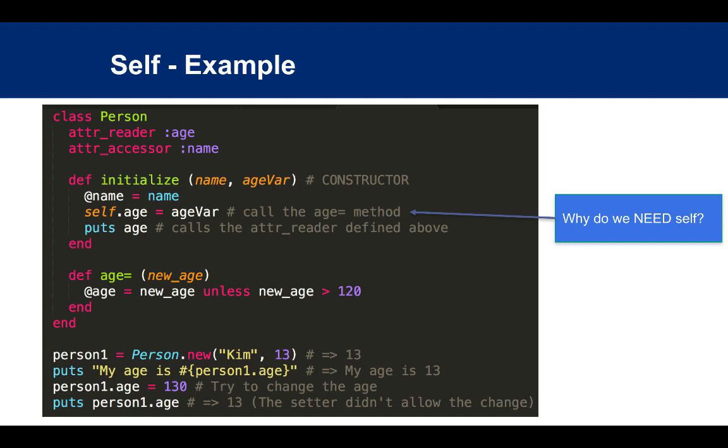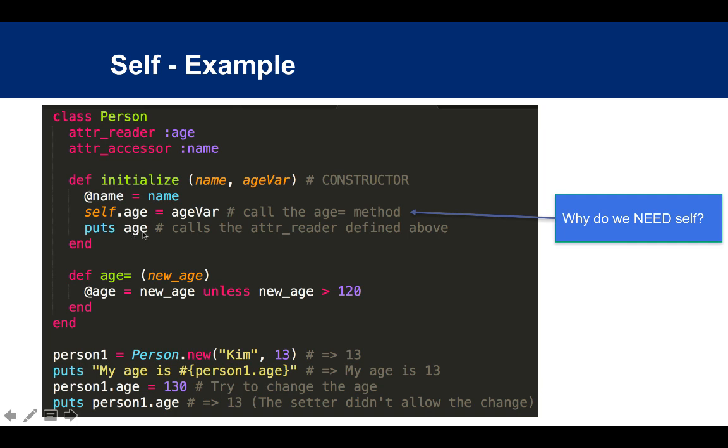So in this case, we're saying, no, this is not an age local variable. This is an age setter method, which is below, and we're doing that by doing self dot age, which calls the age equals method. Now for the age getter, though, we just do age, because really there's no confusion possible because we don't have an age local variable. So it says, oh, you must be talking about the age getter method, which is the attr_reader.